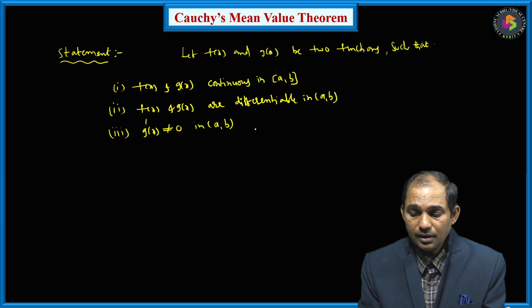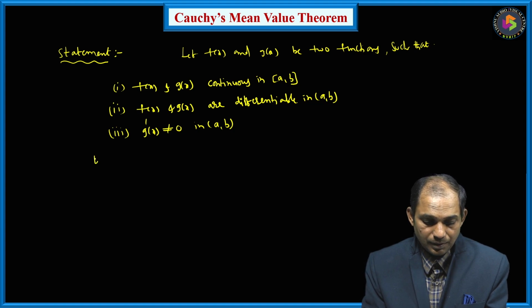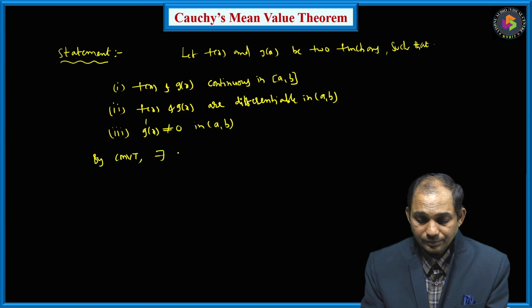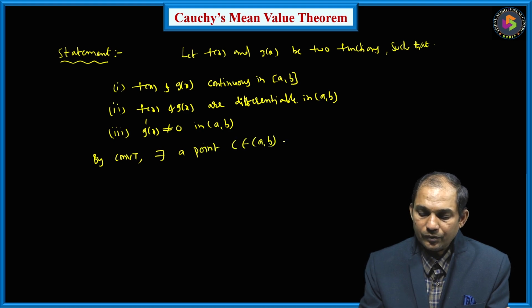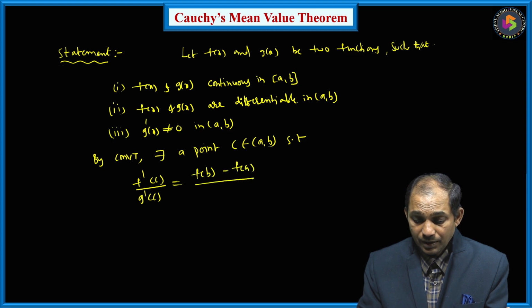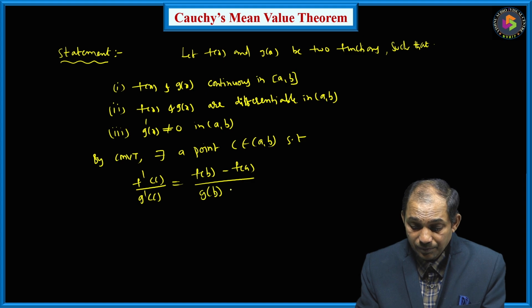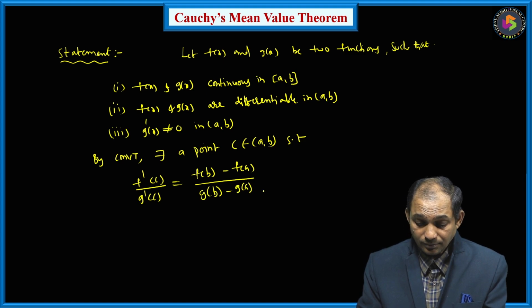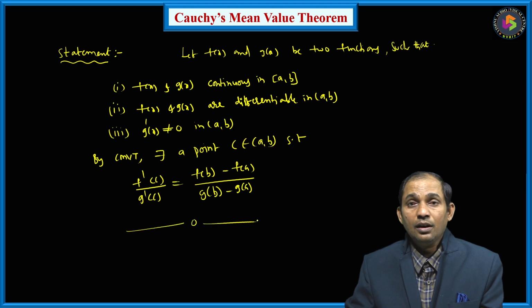If all these three conditions are satisfied, then Cauchy's mean value theorem says that there exists a point c in the open interval a comma b such that f dash of c by g dash of c is equal to f of b minus f of a by g of b minus g of a, and this is the statement of Cauchy's mean value theorem.